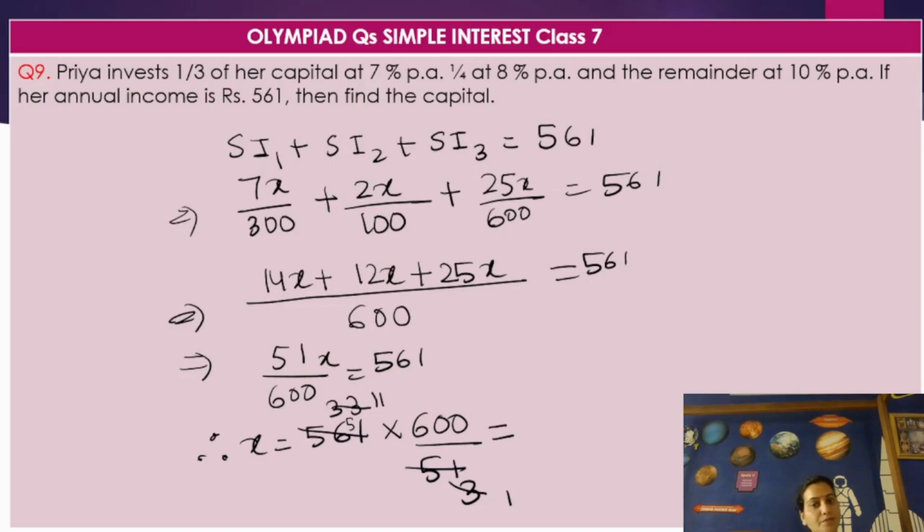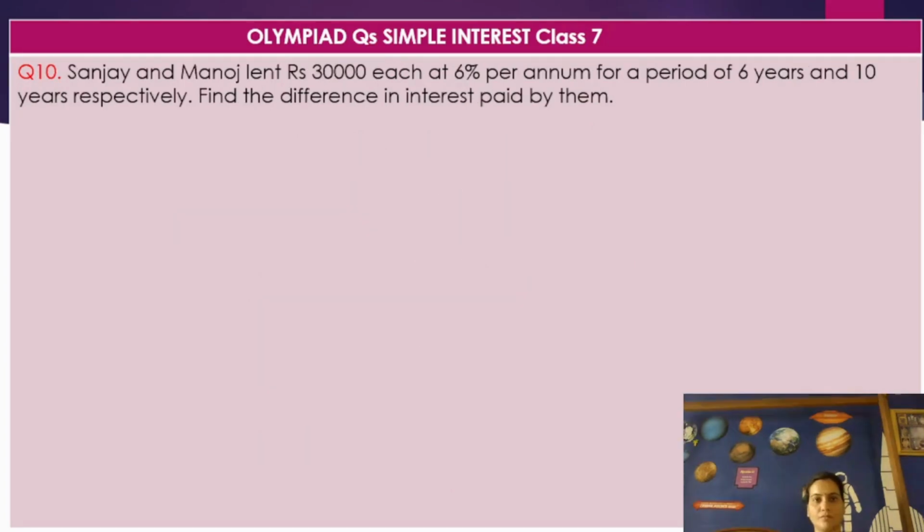So 11 into 6 is 66, and then 2 zeros. So the total income she gets is rupees 561, and the capital that she invested is rupees 6,600.